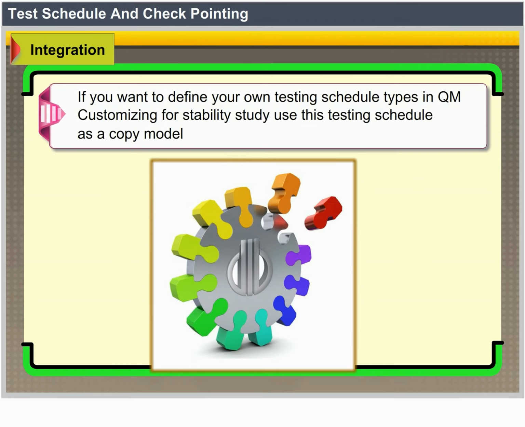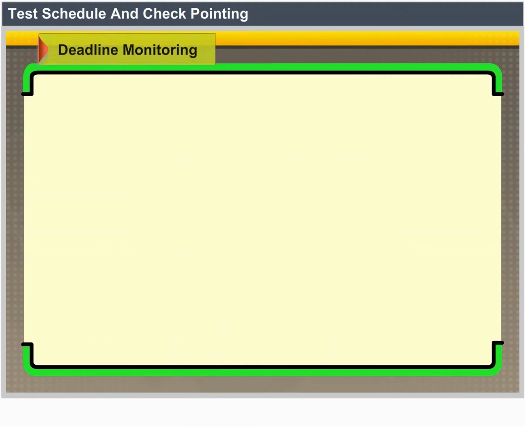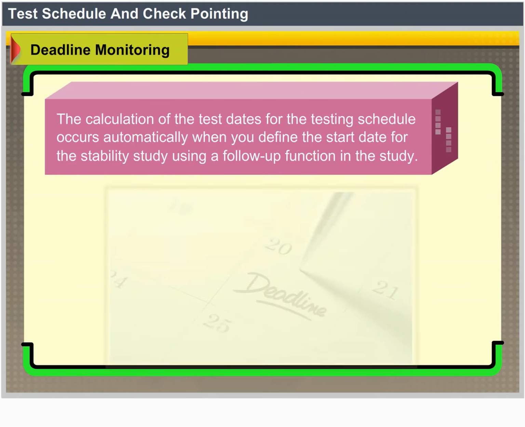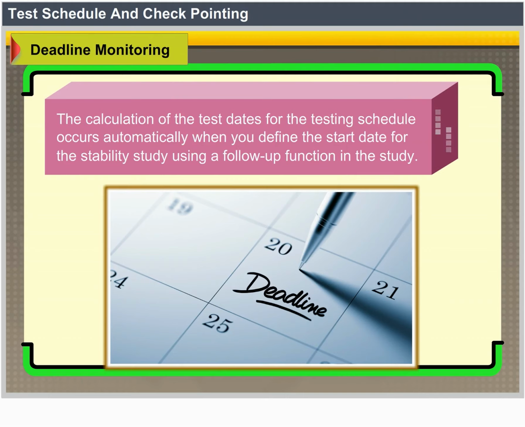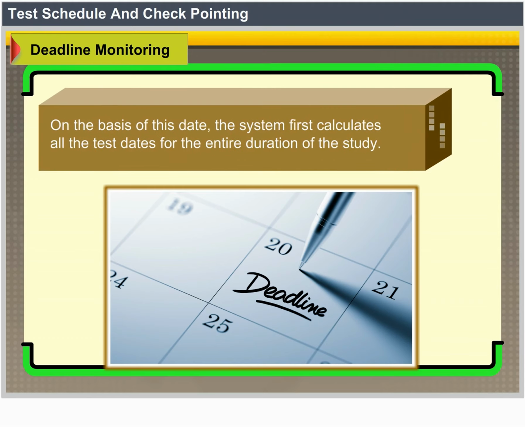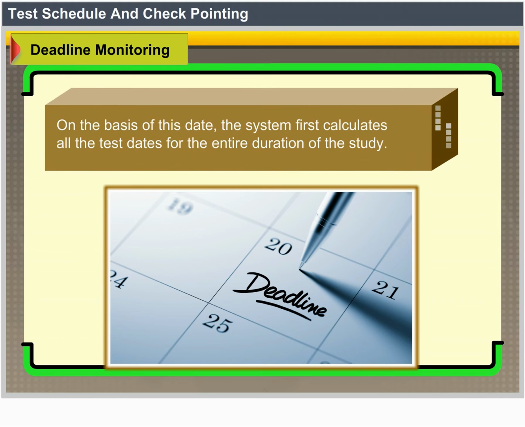Deadline monitoring. The calculation of the test dates for the testing schedule occurs automatically when you define the start date for the stability study using a follow-up function in the study. On the basis of this date, the system first calculates all of the test dates for the entire duration of the study.